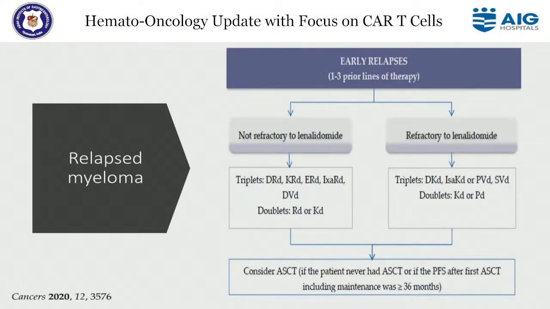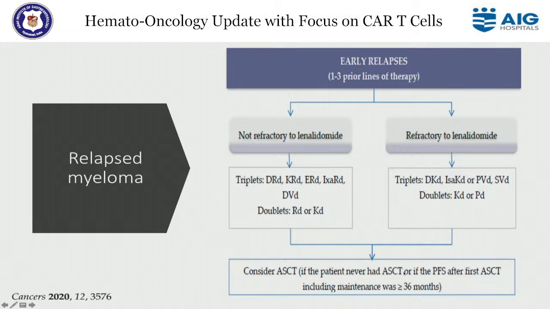Commonly used treatment regimens in relapsed myeloma. Early relapses are in patients who have been treated with prior 1 to 3 lines of therapy. In those who are not refractory to lenalidomide, triplet regimens like daratumumab, lenalidomide and dexamethasone, or carfilzomib, lenalidomide and dexamethasone are commonly used, or doublet regimens like RD and KD.